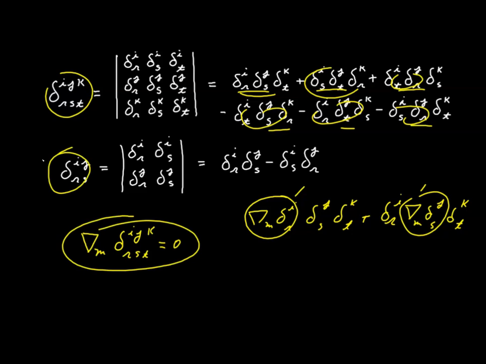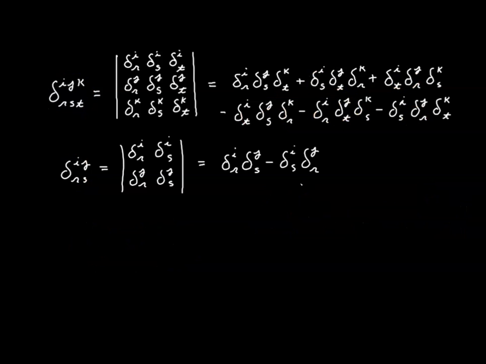Same reasoning applies here. The covariant derivative of this expression is going to be 0. So we need to add both of these expressions to our list of objects that possess the metrinilic property, this one and this one, as well as our Kronecker delta ij, which we analyzed in a previous video.